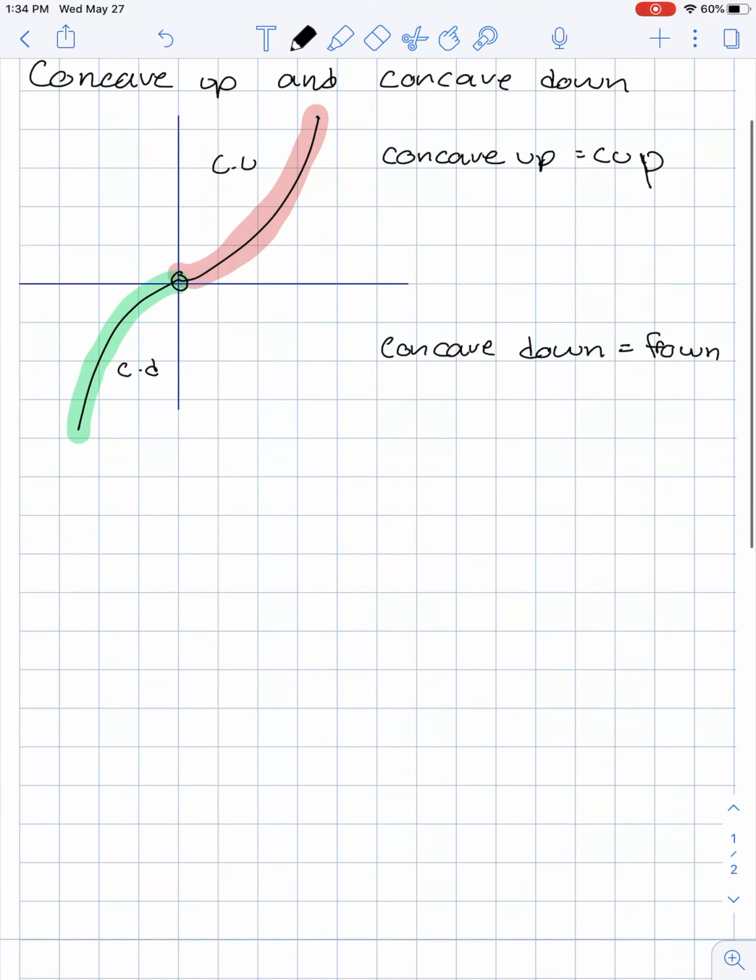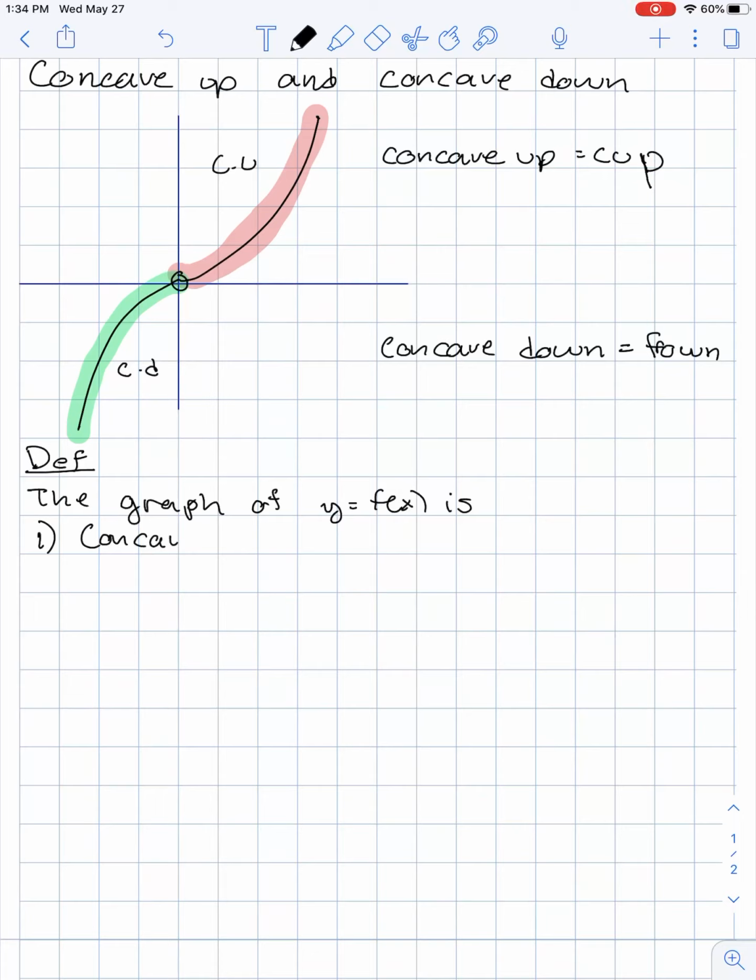So let's define them so we have a better understanding. We say that the graph of y equals f of x is concave up if on an open interval f prime is increasing.